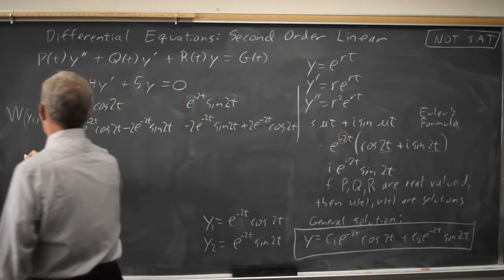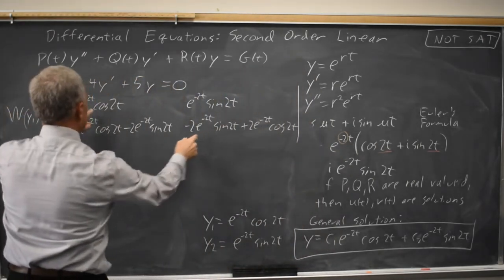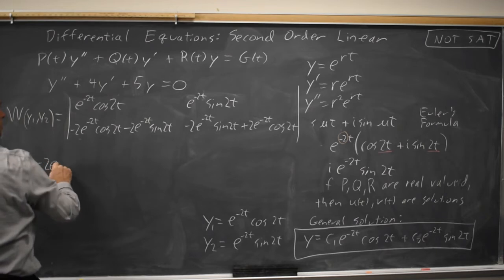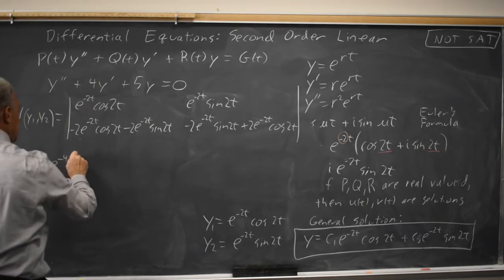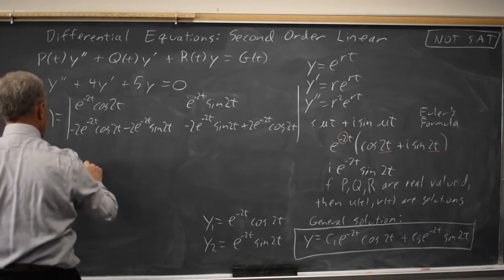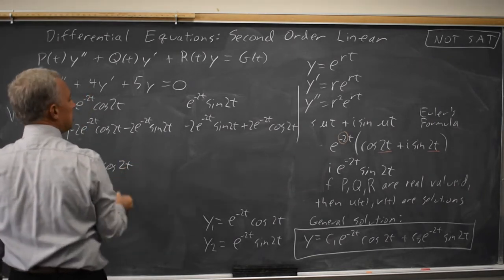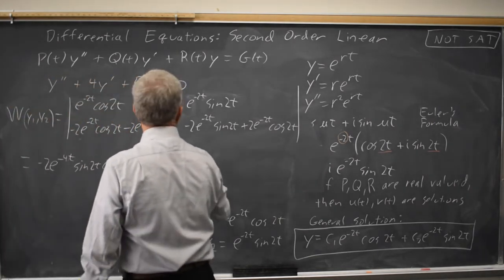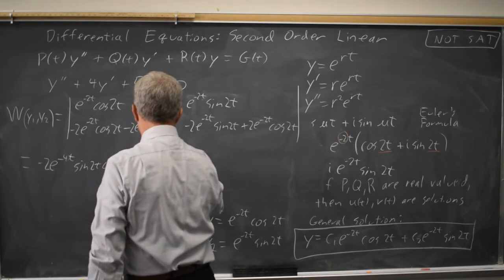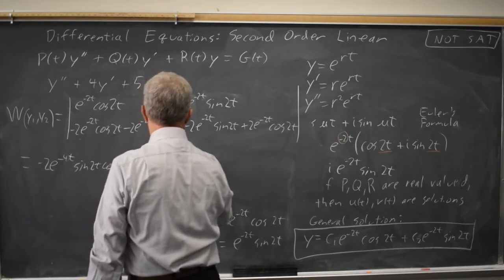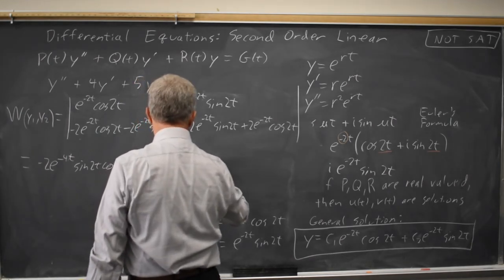That determinant is this product, which is negative 2 e to the negative 4t sine 2t cosine 2t, and then plus 2 e to the negative 4t cosine squared 2t.